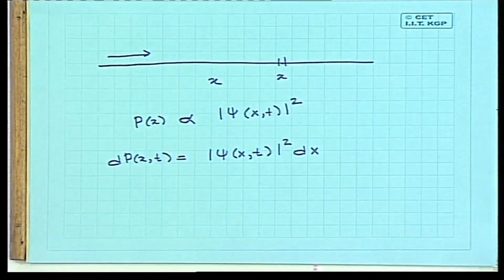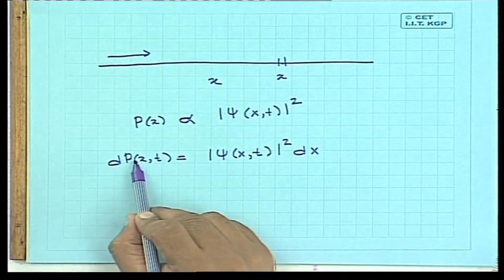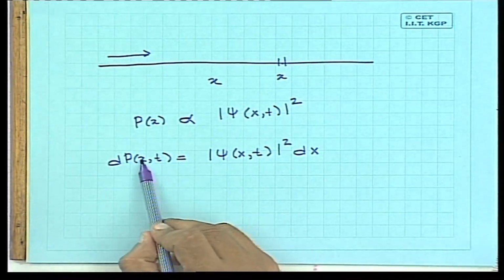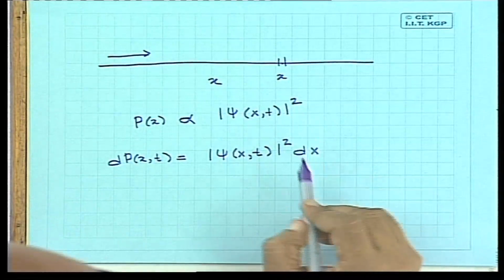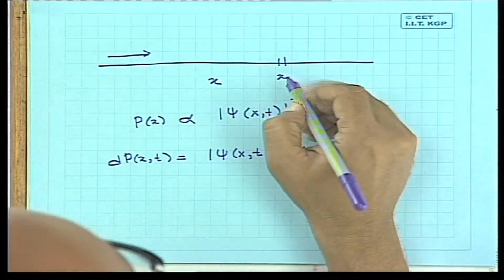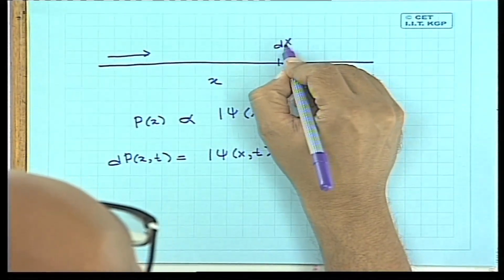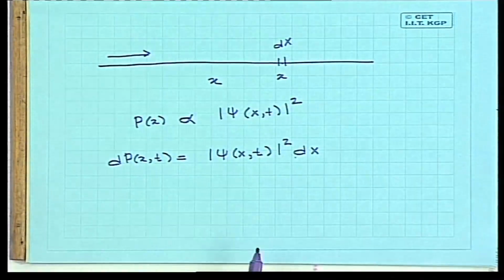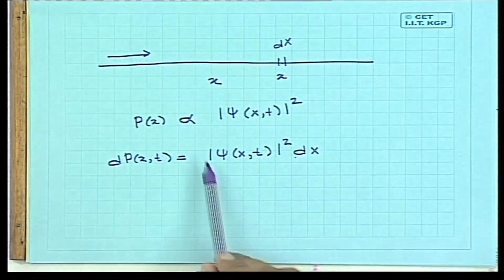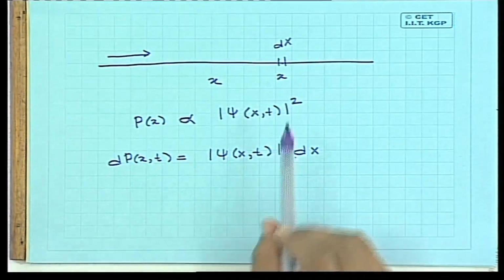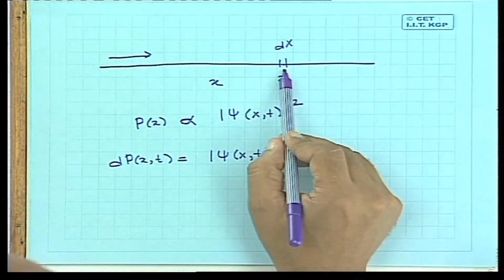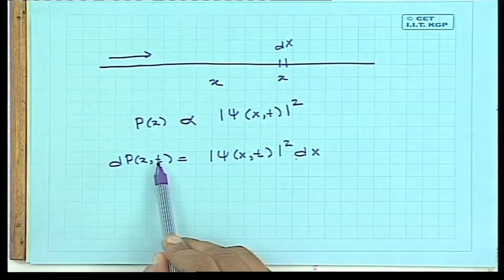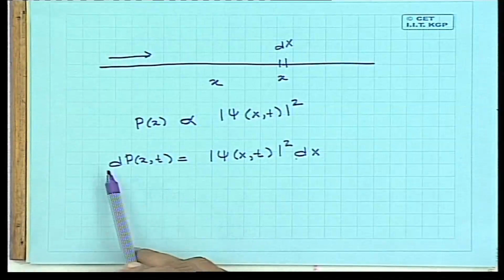What does this relation tell us? dP, which is a function of x and t, is the probability of finding the particle in the interval dx. So, if this is the interval dx, dP is the probability of finding the particle in the interval dx located at the point x at the time t. And how do you calculate this probability?